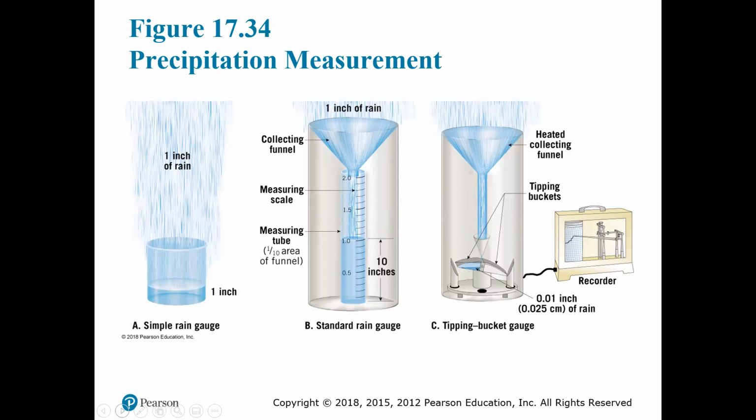And then we have a tipping bucket gauge that is hooked up to a recorder. But most of the time what you'll see is something along these lines of this standard rain gauge.